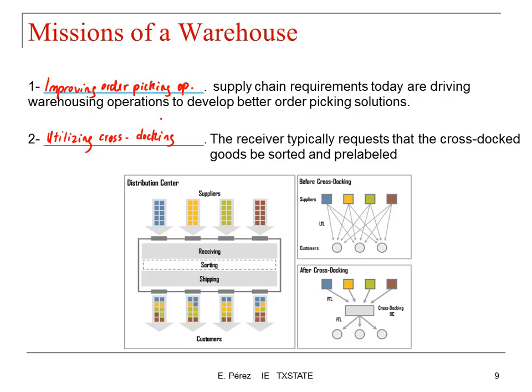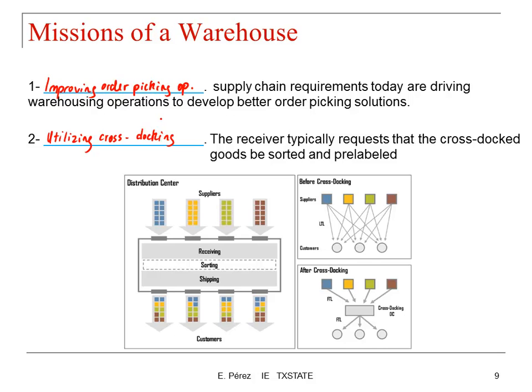They just receive, sort, and ship. So they receive all the items, they order the items in the right order for the customer. All the items are received here, and they put them together for the appropriate customer destination. Those are determined by those colors. What it means is that you're getting some of the items from each one of the suppliers, and you're putting them together to send them to your customer.